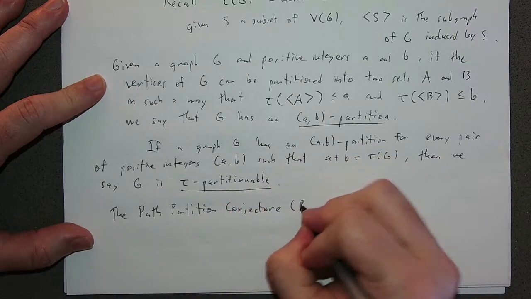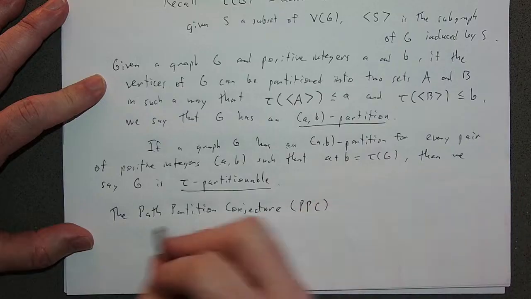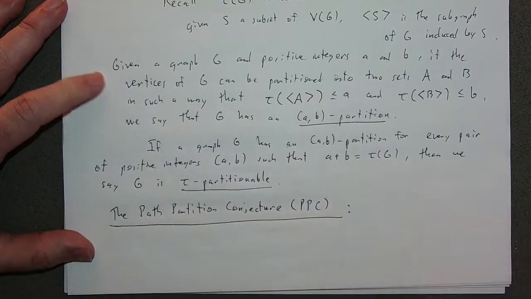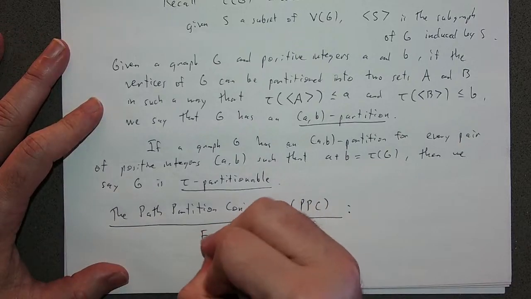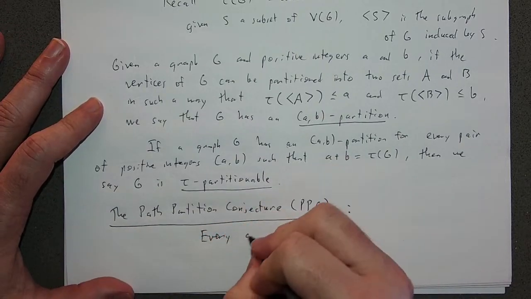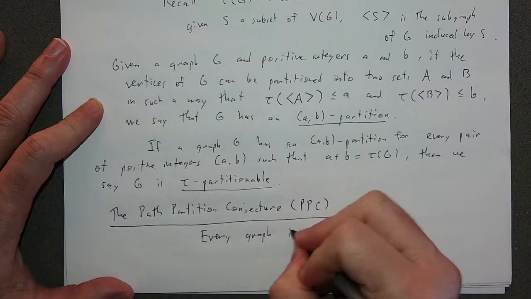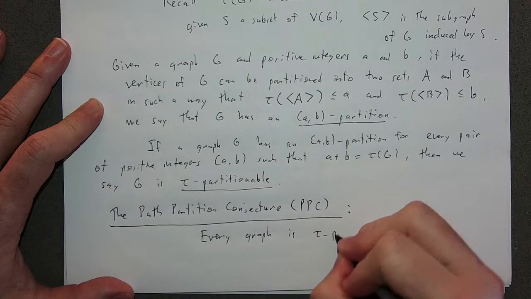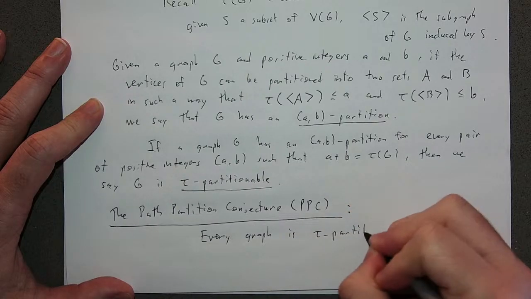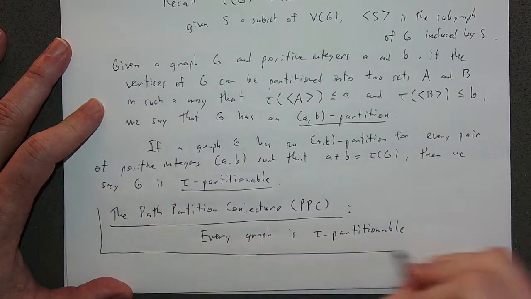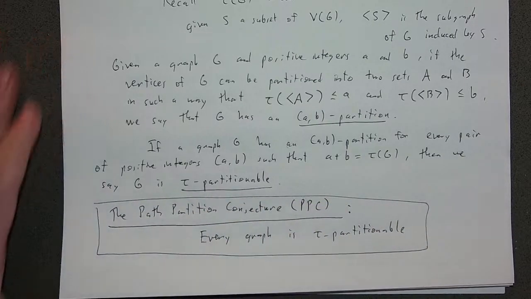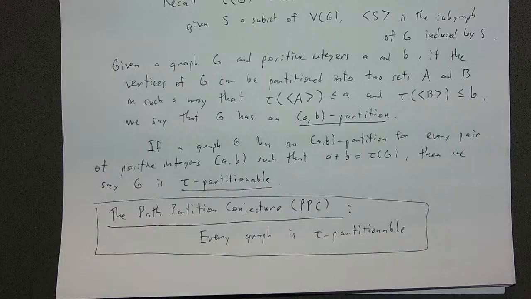this is sometimes called the PPC, states that every graph is tau partitionable. This is still a conjecture.